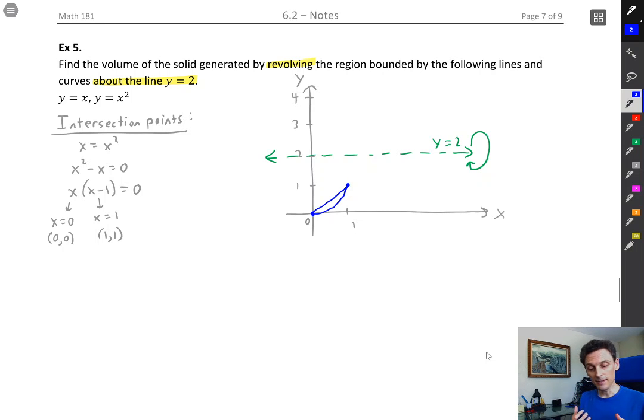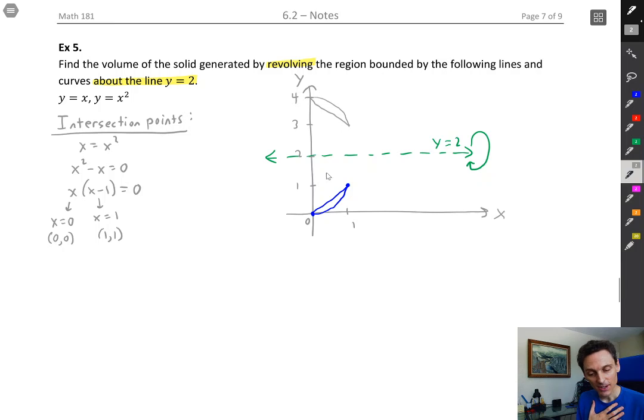And there's our region. When we take this region and we rotate it about this y equals 2 line, I'm just going to draw a shadow version of that region on the other side. There we go, with squiggly lines.